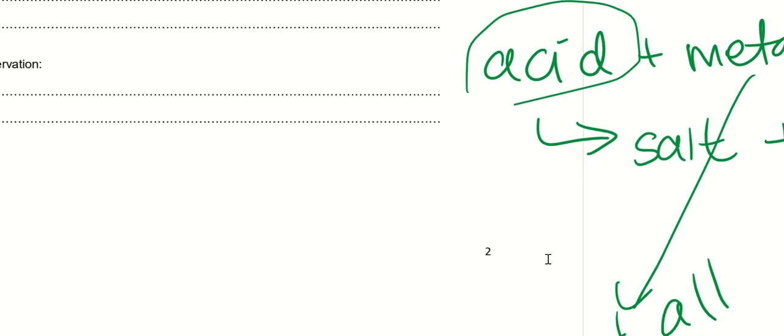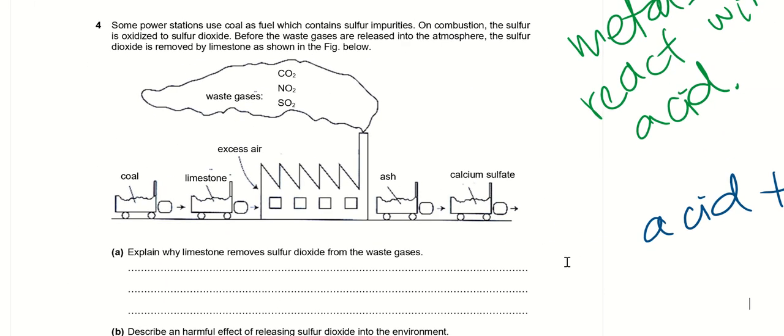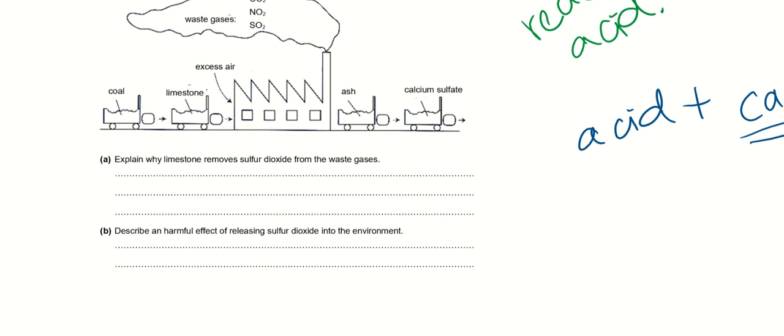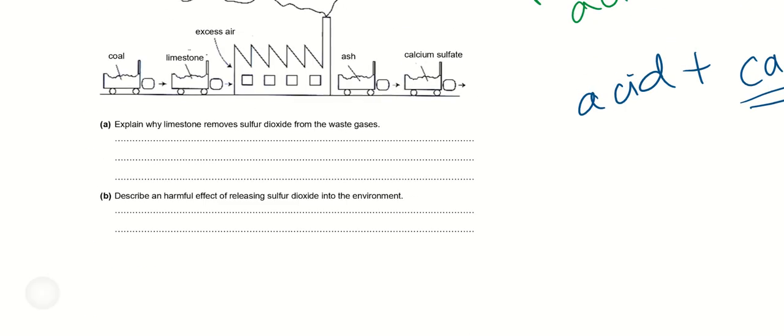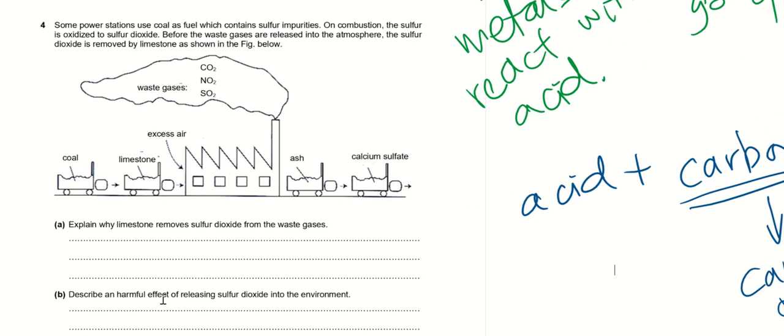Then we go to question 4. I think you didn't really learn it. They say explain why limestone removes sulfur dioxide from the waste gas. So this is a power station. As you know, it creates a lot of pollutants.